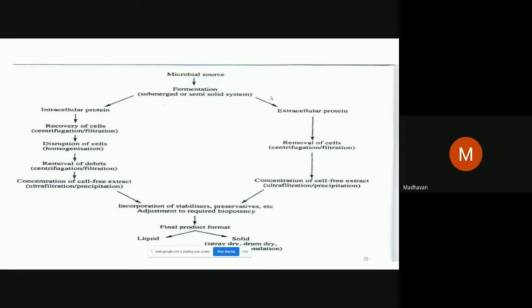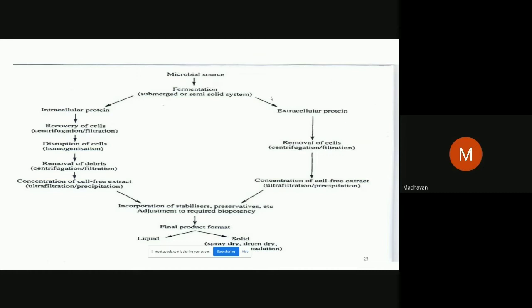And if it is intracellular, you need one more step. You first have to recover the cells and disrupt them by homogenization, and then remove the cell debris by centrifugation or filtration. That concentrated cell-free extract is basically called lysate, because the cells are broken and the contents taken out.